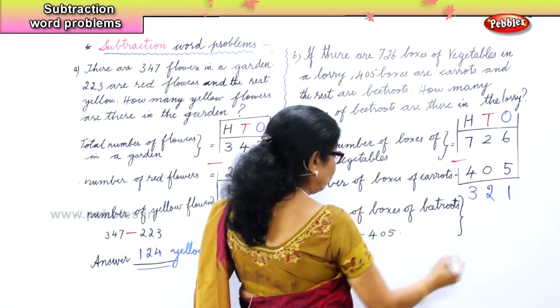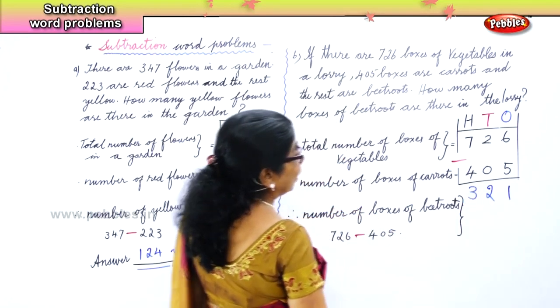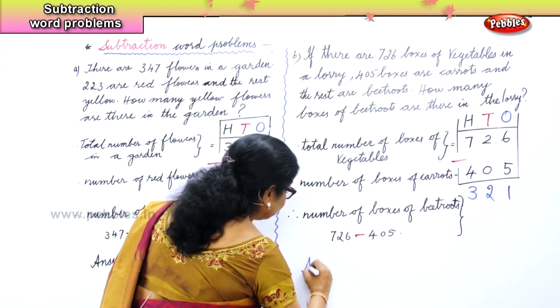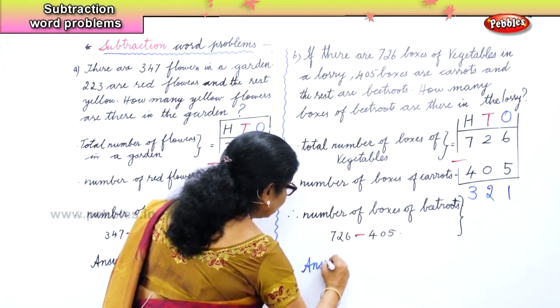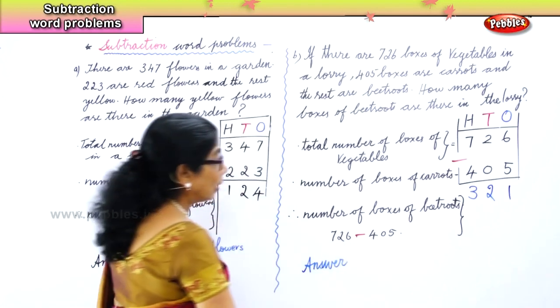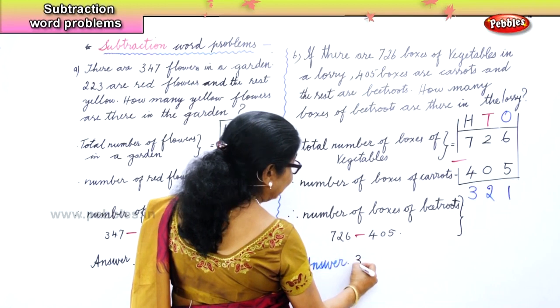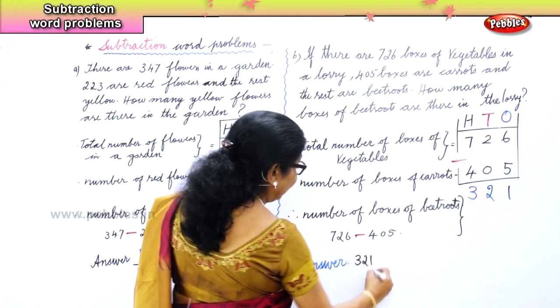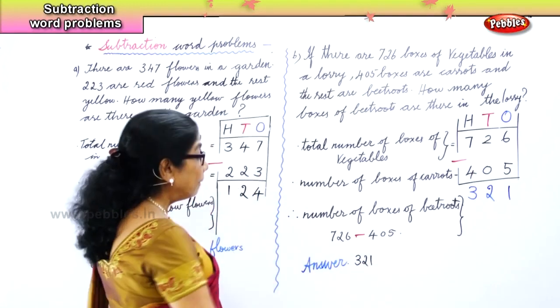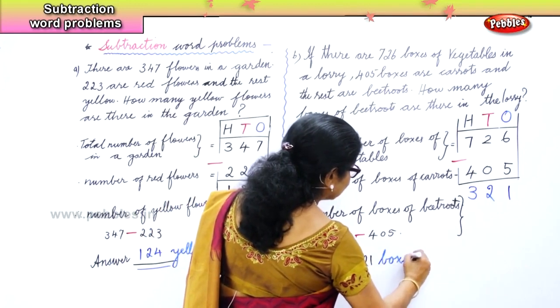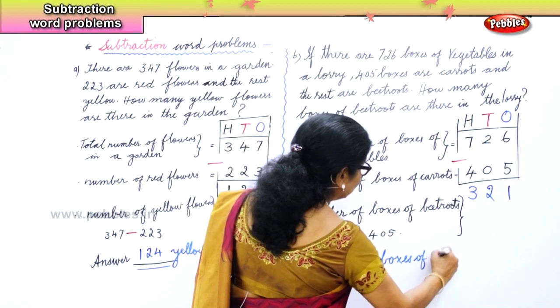So we have 321 boxes of beetroot. What is your answer? Your answer is 321 boxes of beetroots.